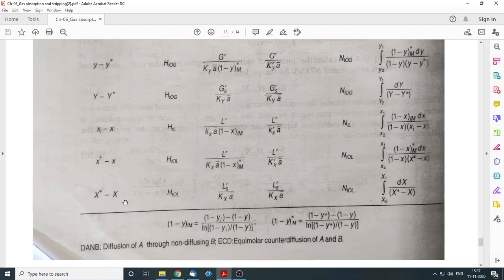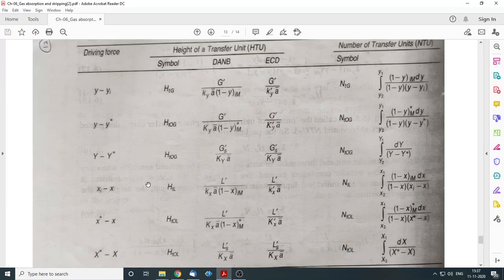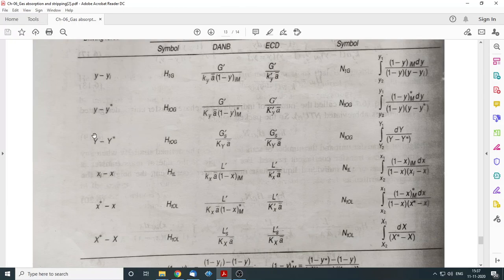What I made in this calculation was based on mole fraction. But if you calculate with mole ratio, in this way, and capital KY in this way, then you will end up with this easy equation, because that time GS will not change. So that will be G dash S.